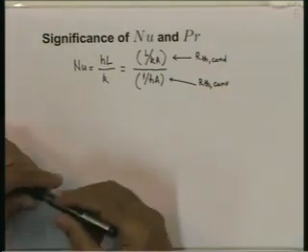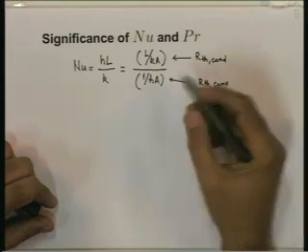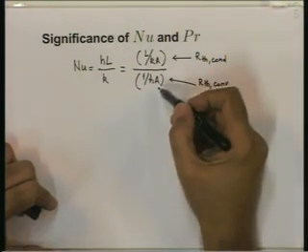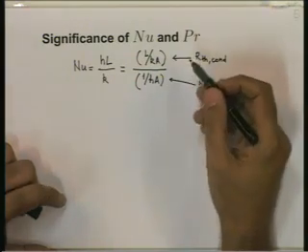In a situation where forced convection effects are significant, we expect the convective heat transfer coefficient to be high, and hence the resistance to convection, RTH convection, which goes into the denominator, to be low, meaning we will have a high Nusselt number.